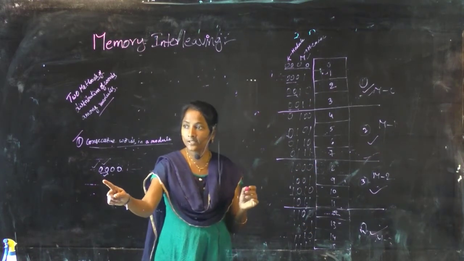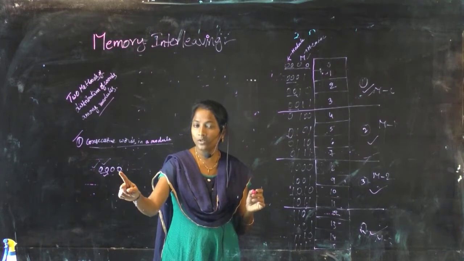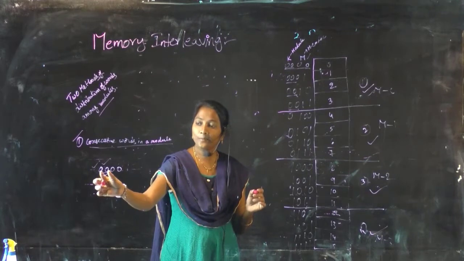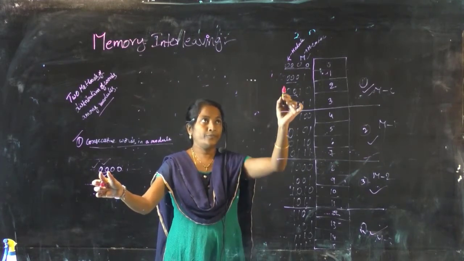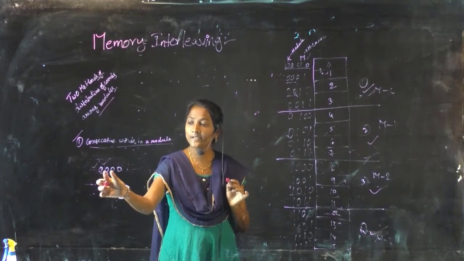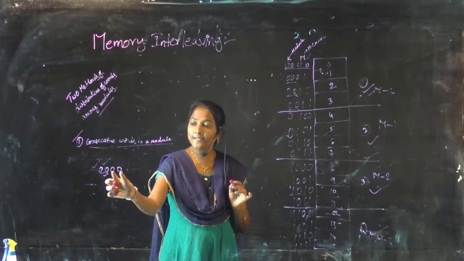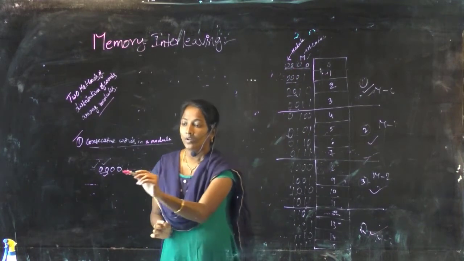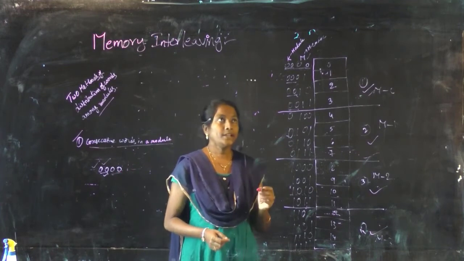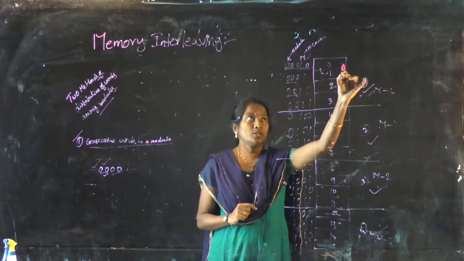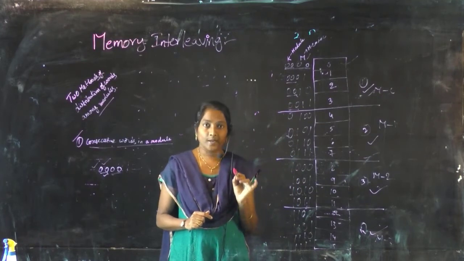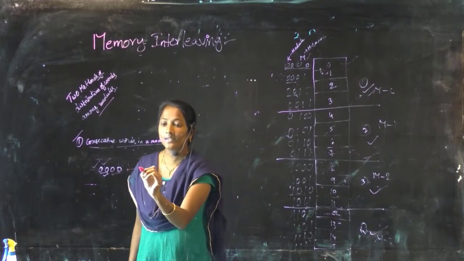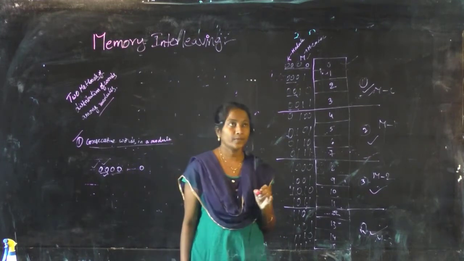Then the lower order bits 00 are used to get the first memory location, so the value 0 will be placed on the data bus, and the processor gets the value 0.